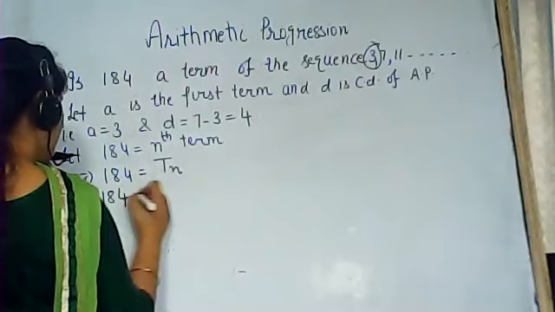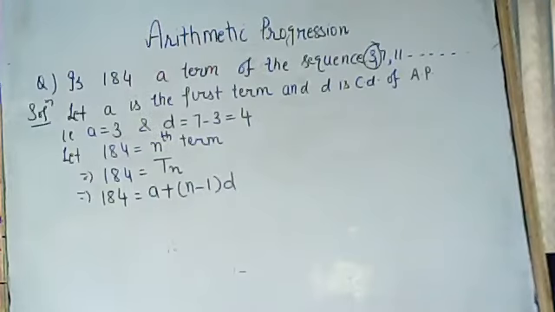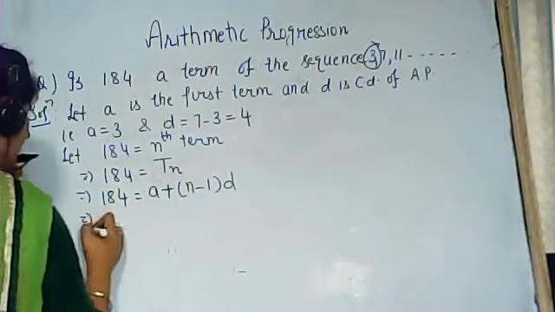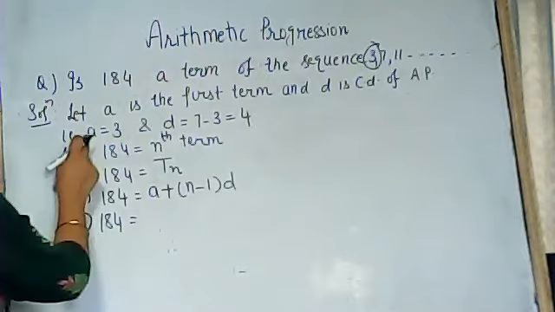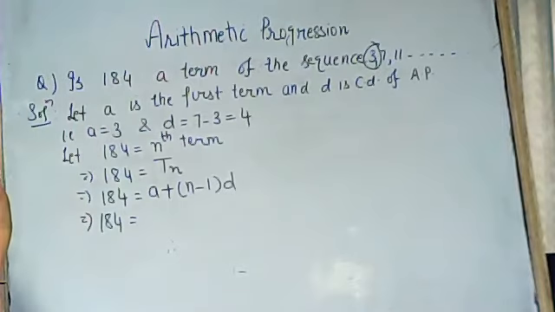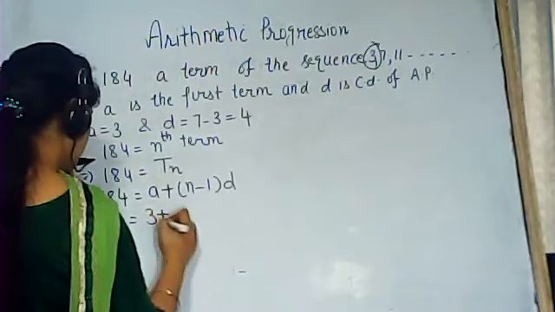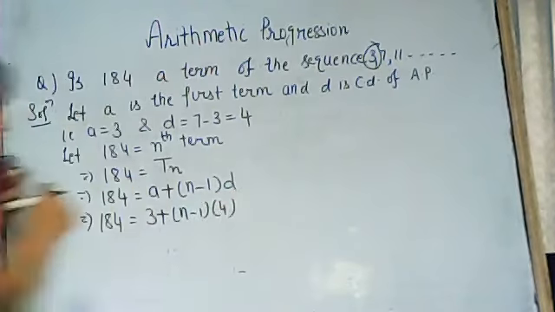So what is the formula for the nth term? A plus n minus 1 into D. Again, in this case, we have applied the same formula. Since the values of A and D are already available in the question, let us substitute them. A is equal to 3, and D is equal to 4.